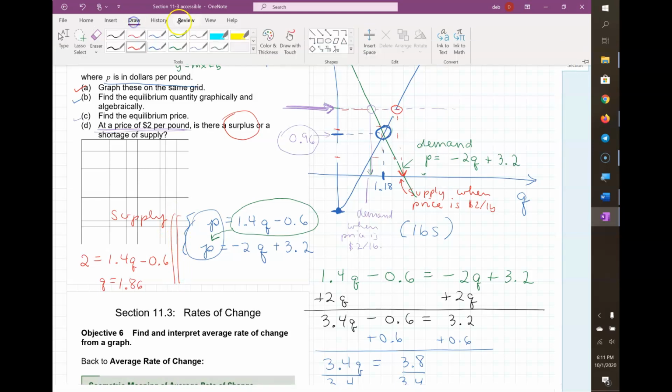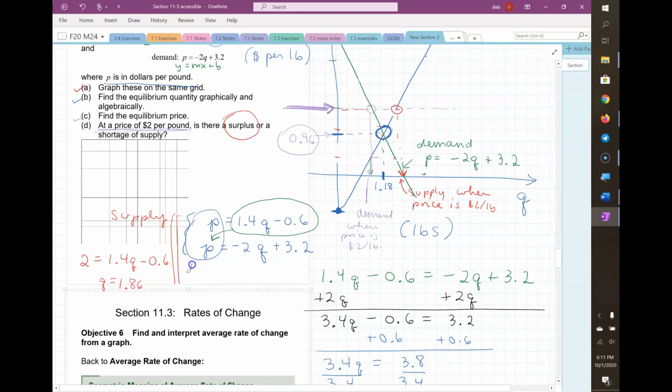And then you could look at the demand and put $2 for the price and solve for the Q. And you'd get Q is 0.6 pounds. So whether you look at the graph or the numbers, the supply is way more than the demand. So there's a serious surplus of supply. Okay, so I'm going to stop there and I'll make another movie for the rest of the section.